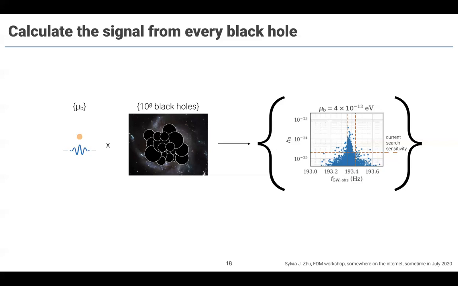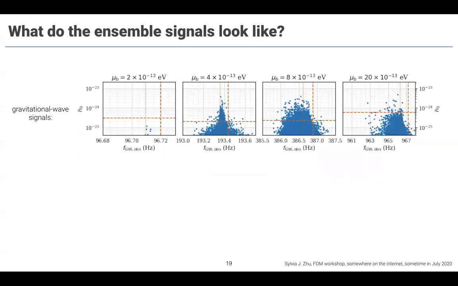So we did this for a wide range of bosons, and here you're seeing this type of plot for 4 different boson masses across the range that we're interested in, starting from the lightest part of our mass range to somewhere that's 10 times heavier than that.